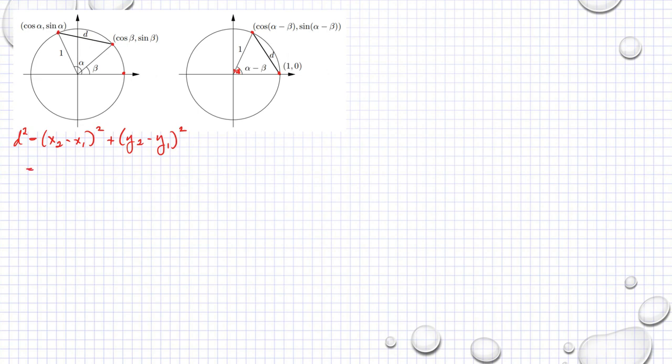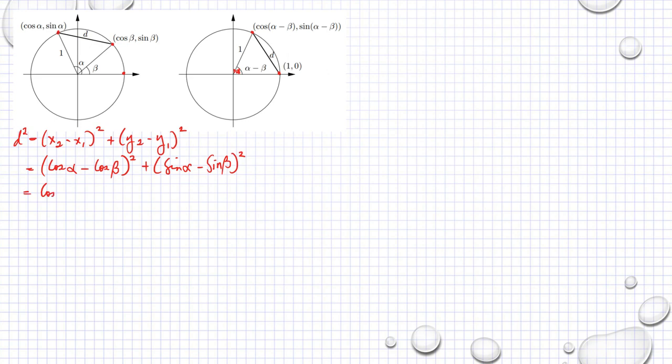For the first figure, for our x, we have cosine, and we can take alpha as our x sub 2, cosine alpha minus cosine beta squared, plus sine alpha minus sine beta squared.